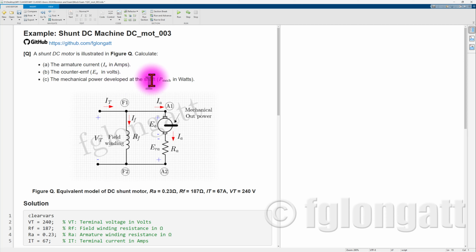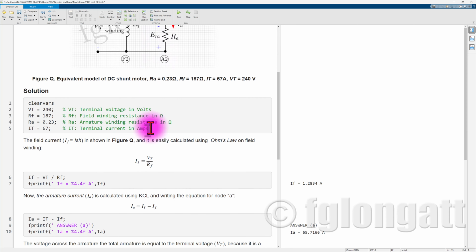The last question is question C: calculate the mechanical power developed at the shaft. You must remember that if the machine is 100% efficient, in other words if there are no losses, the mechanical output power will be the product of the EMF at the armature multiplied by the armature current.